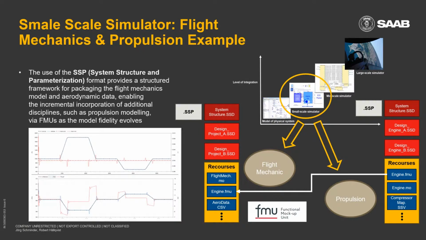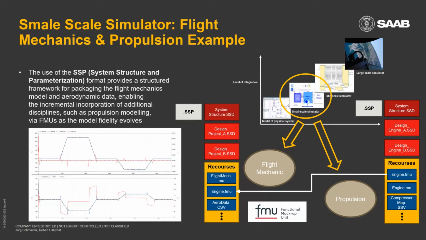And what we can use here is, as you can see, the same approach on the engine side. So you can have different engine designs, engine design A and B, and all these models are using the same structure as we are doing with the flight mechanic model.